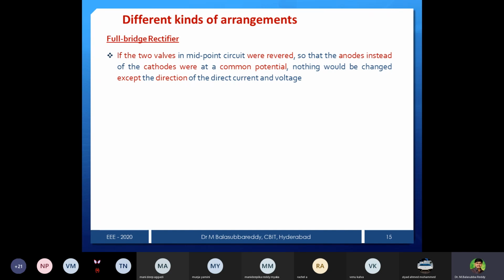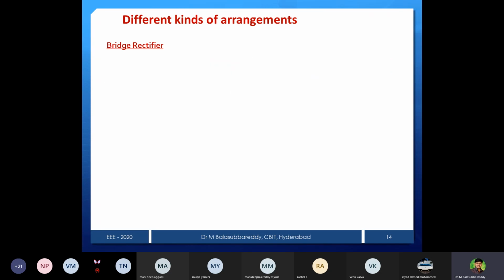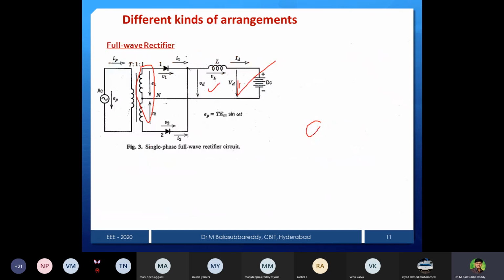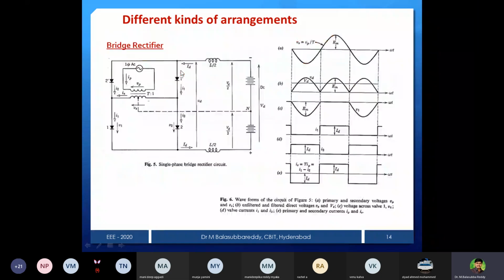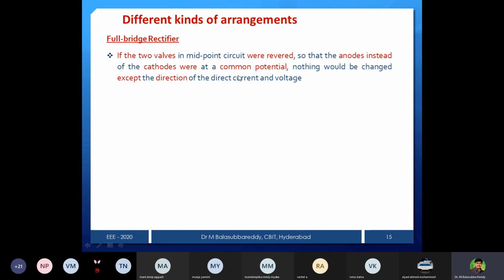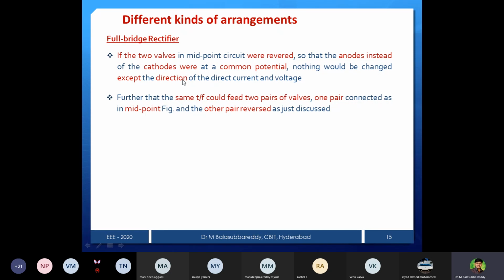If you look at the previous one, there the cathodes are at the common potential, not the anodes, whereas here the anodes are at the common potential at one end. Nothing would change except the direction of the voltage.